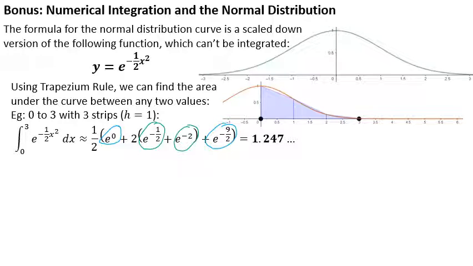Now, if we look at the diagram for this, hopefully we'll notice a couple of interesting things. One of the things that you might notice is that the curve shrinks down towards an asymptote so quickly that beyond 3, it's almost indistinguishable from the x-axis. That means that the area we're approximating from 0 to 3 is pretty much the entire area from 0 to infinity.